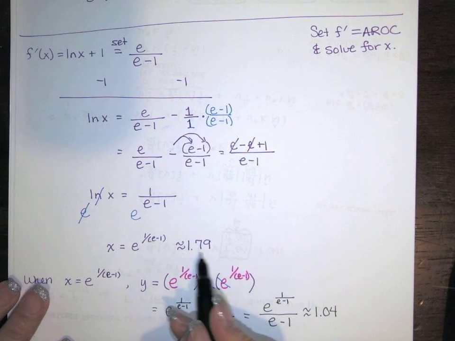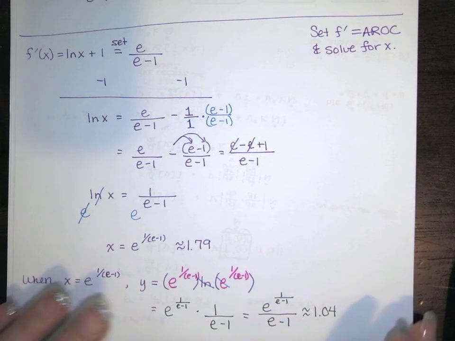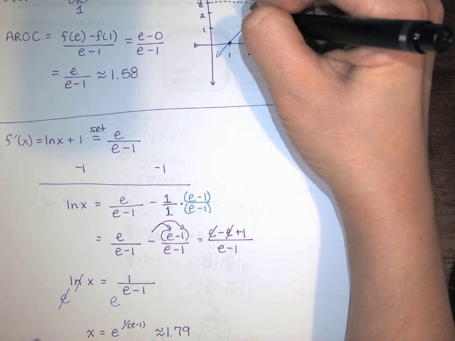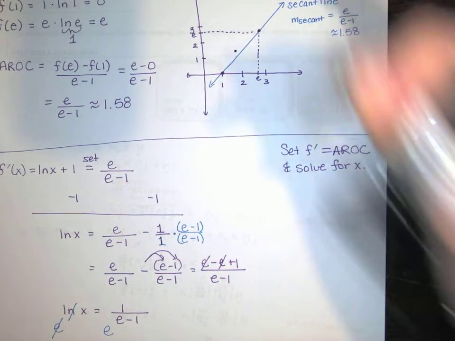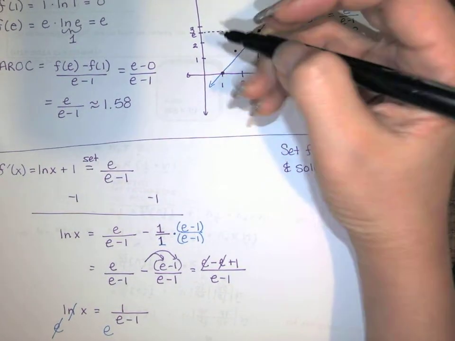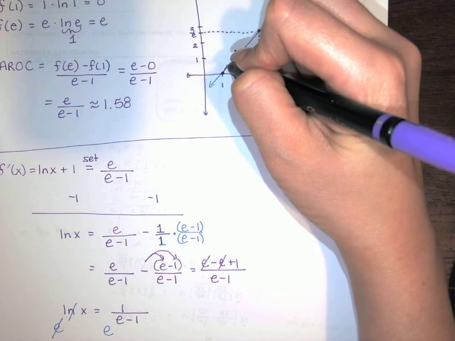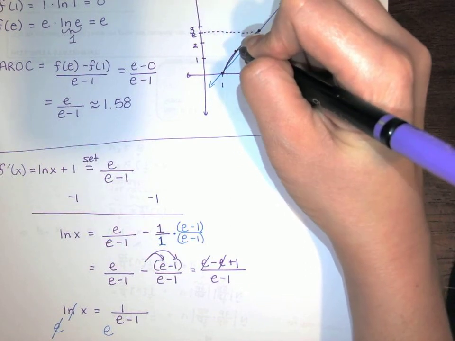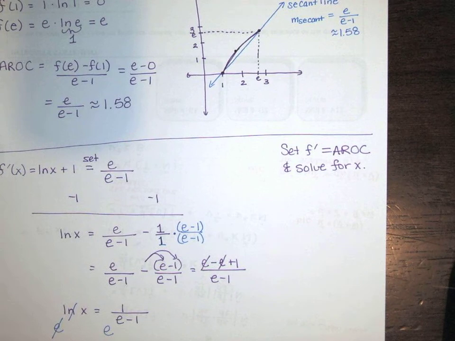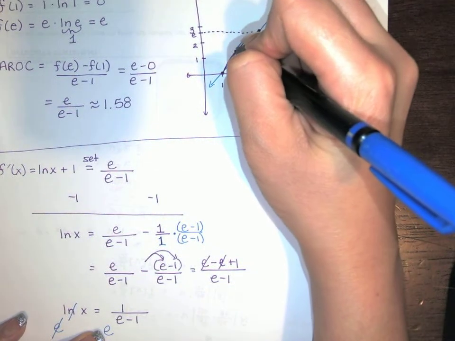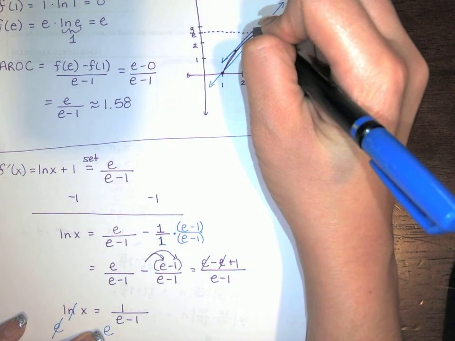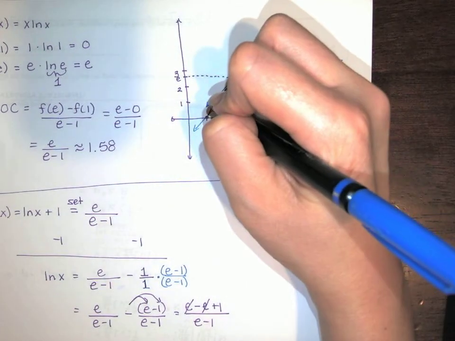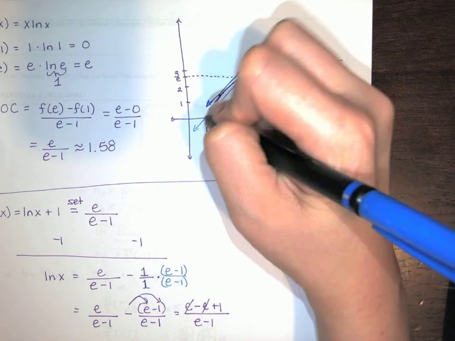So when x is about 1.79, y is about 1.04. So maybe that point's on the graph. So maybe my graph looks like this. And at that x value, it's kind of hard to see, the tangent line is parallel to that secant line.